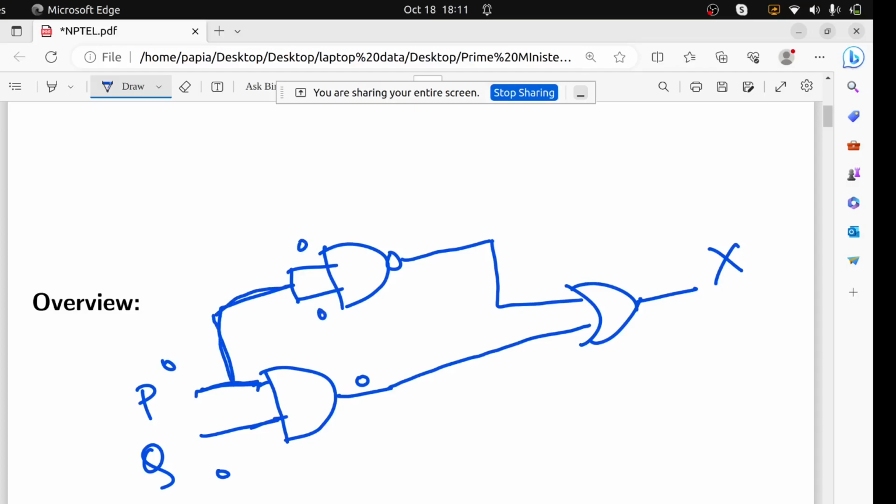These two inputs are the same as P, so it is 0. So if 0, 0 is coming as input to a NAND gate, then it will be 1. Then this 1 is going here and this 0 is going here. So 1 and 0 will become 1 because it is an OR gate, right? So if I have P equals 0, Q equals 0, then our X should be 1.